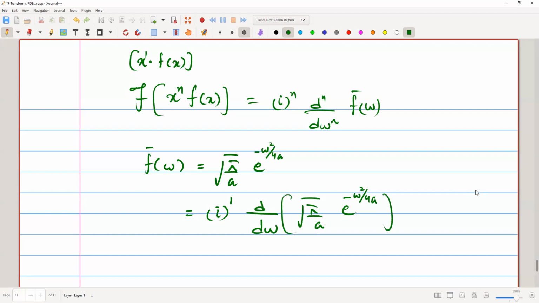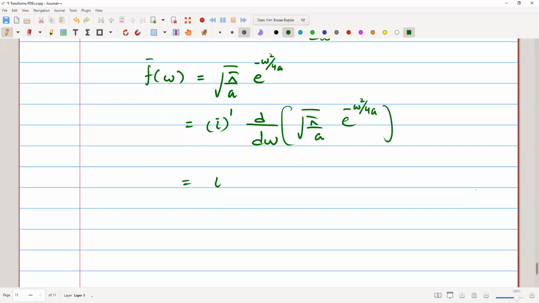So it will be iota times the square root of pi over a, e to the power negative omega squared over 4a, times the derivative of the power, which is negative 2 omega divided by 4a.